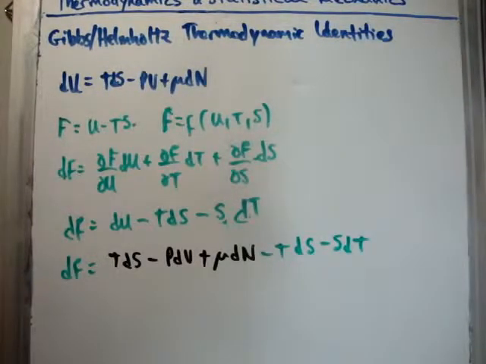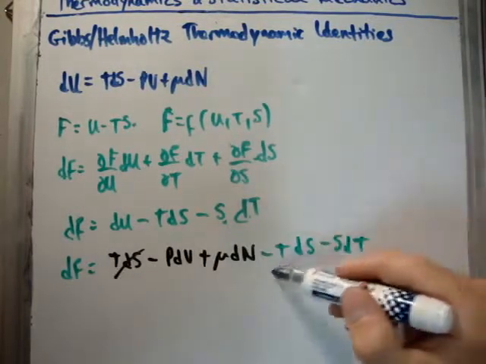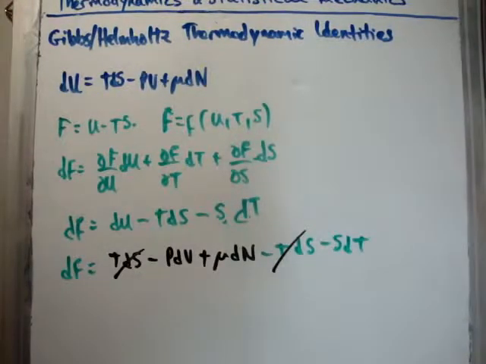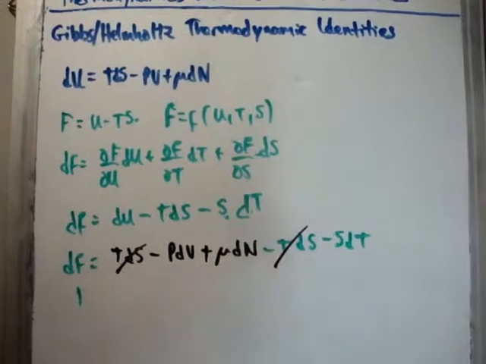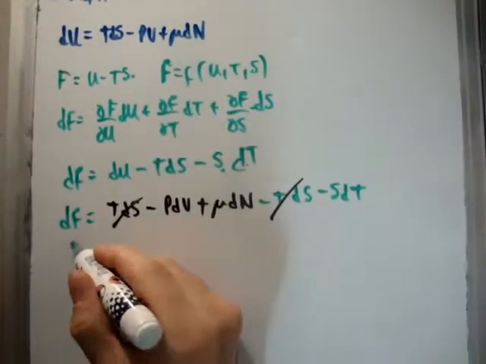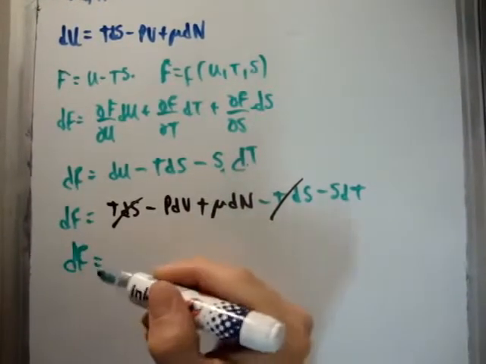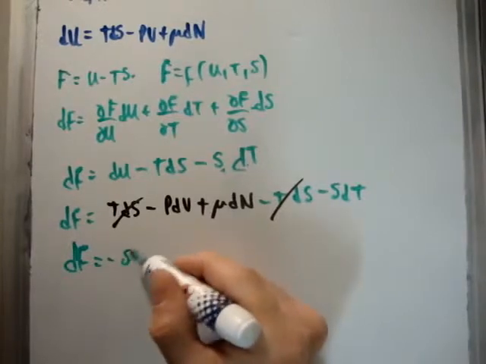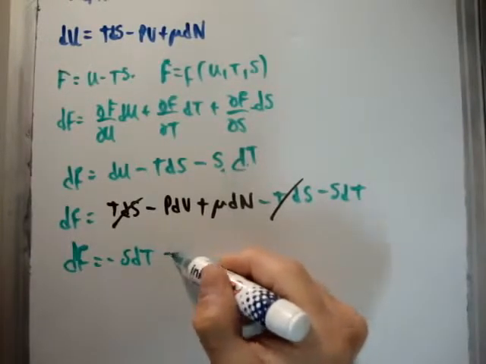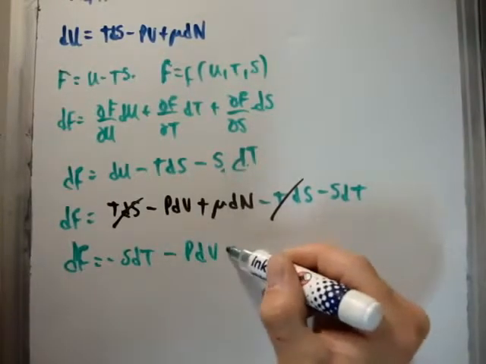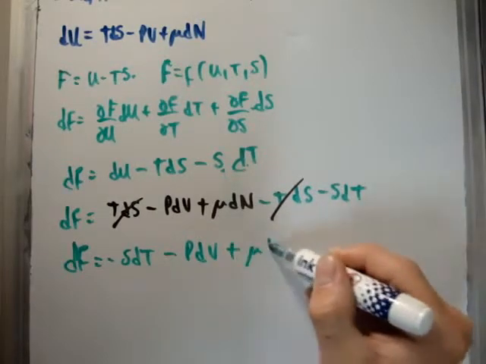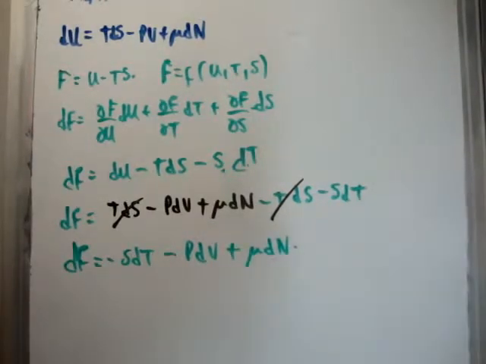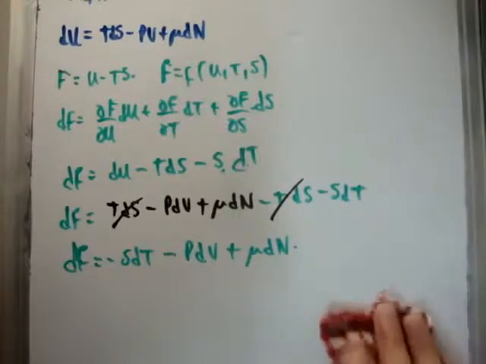We can see pretty straightforwardly that this TdS term cancels, and that leaves our final thermodynamic identity for the Helmholtz free energy. It says that dF is equal to minus S dT minus P dV plus mu dN. So that is the thermodynamic identity for the Helmholtz free energy.